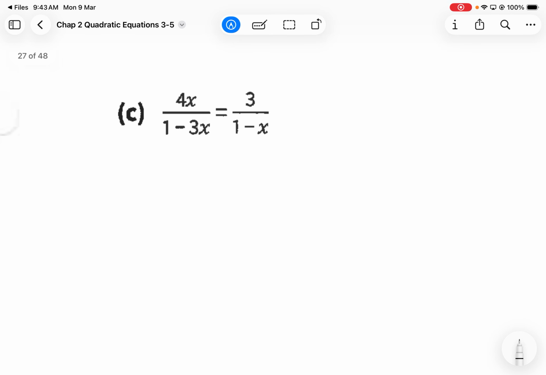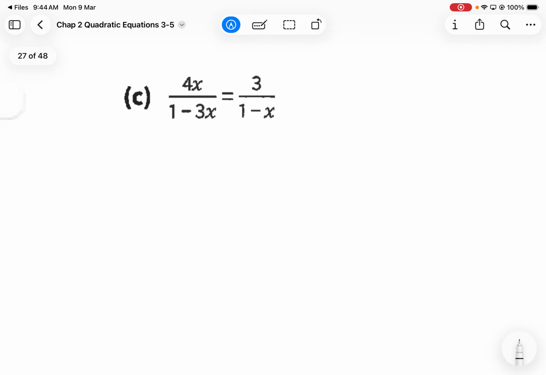Okay, for part C, I want to rearrange until all my x is in the numerator. But right now I have x inside the denominator, and I have more than one term. So this is the same as all the fractions that I told you.